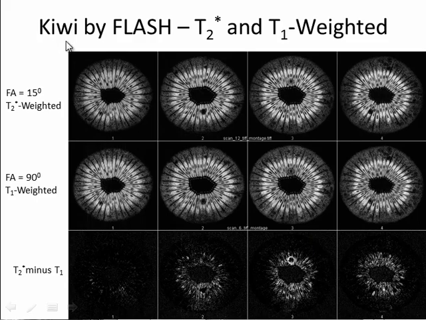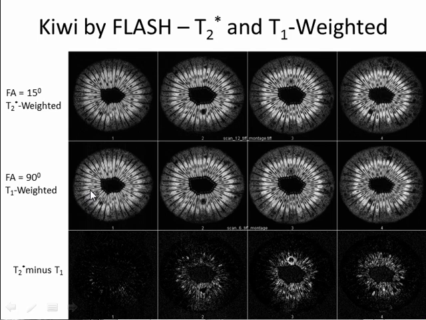So I want to show some more images of our famous kiwi fruit. These were taken by a sequence called fast low angle shot, or FLASH, and these are T2 star and T1 weighted. The first row here is T2 star weighted because the flip angle is very low. The next row has a flip angle of 90 degrees, so they're more T1 weighted.